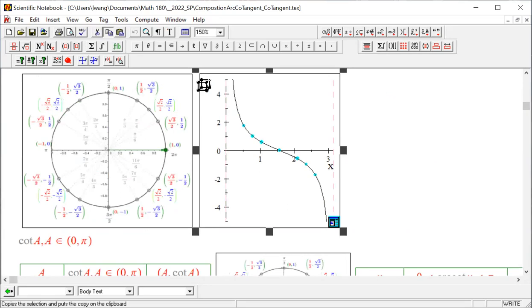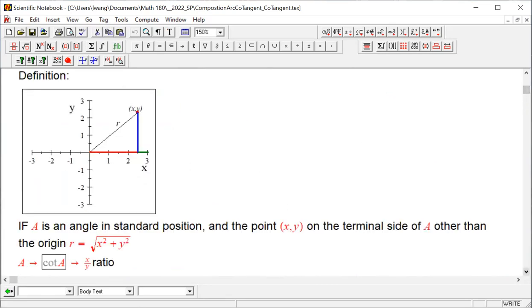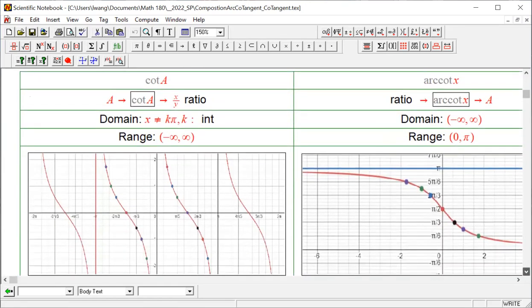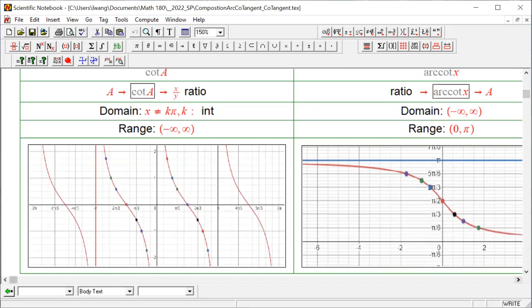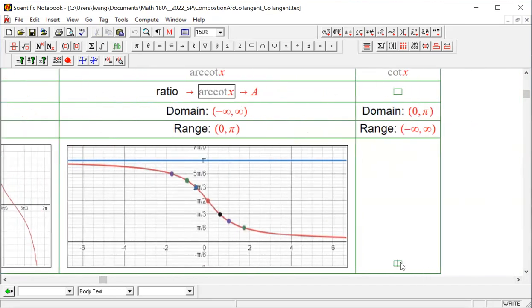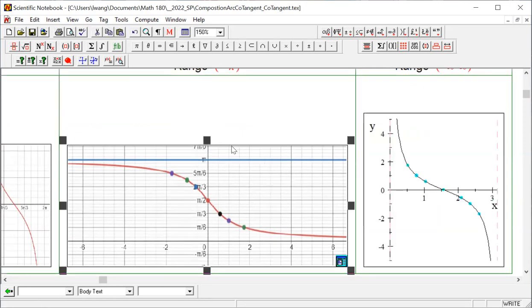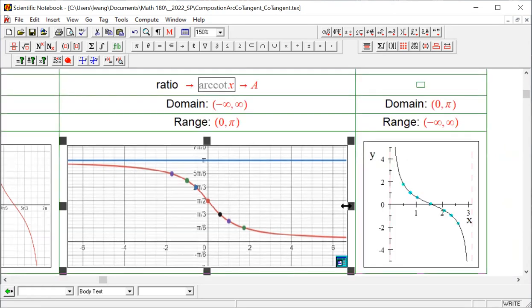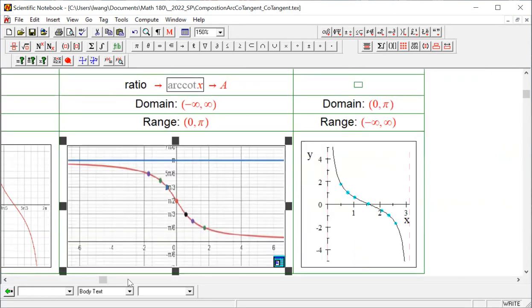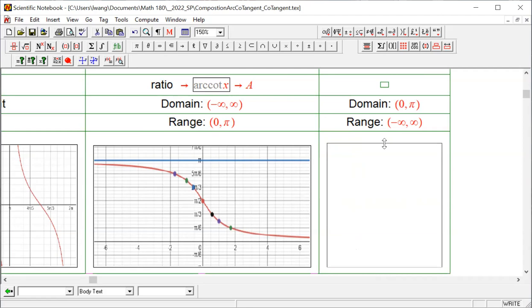I'm going to take this picture as our reference and put it over here. Now, these are two functions that are inverse to each other.